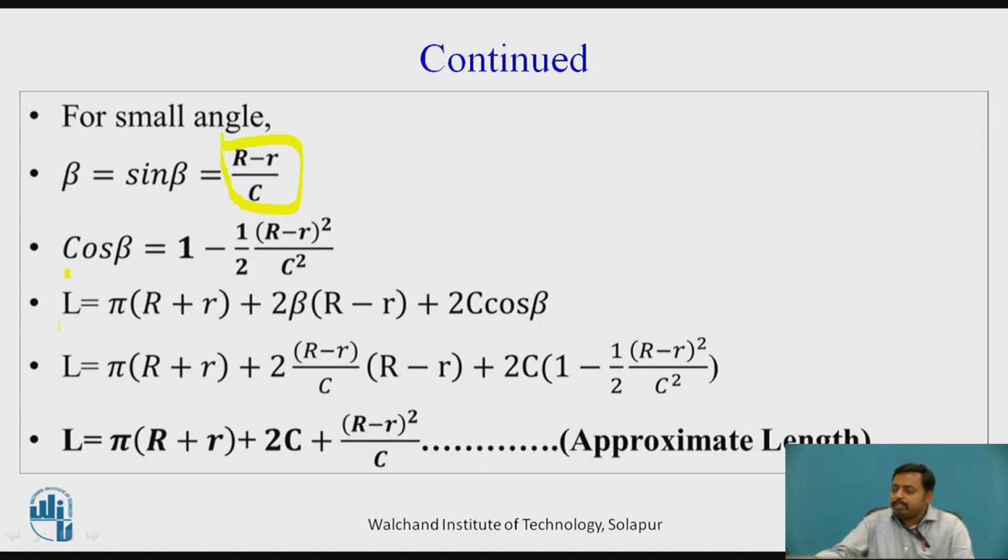So L is equal to, substituting this value of sin beta, pi into (R plus r), plus 2 into the value of beta, (R minus r) upon c, into (R minus r), plus 2c into 1 minus half (R minus r) square upon c square. This is the value of cos beta. So after expanding these terms, we will get L equal to pi into (R plus r) plus 2c plus (R minus r) square upon c. So this is the approximate length.